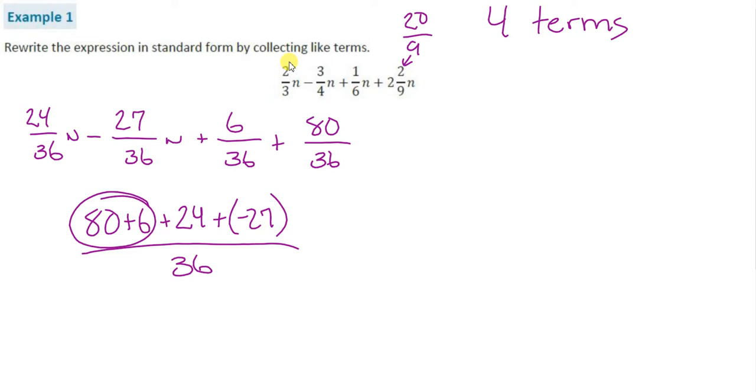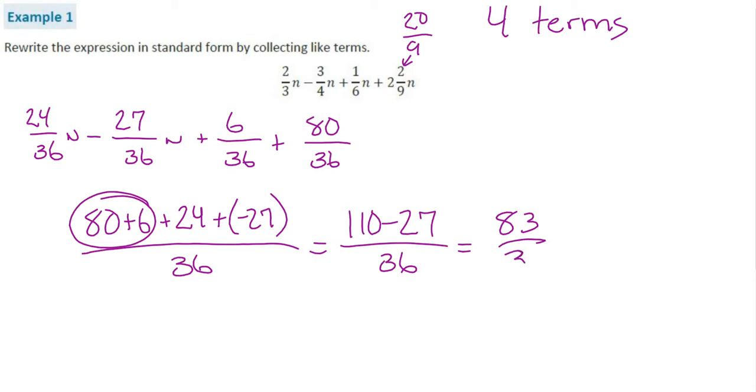That's 30. 30 plus 80 is 110. So now I have 110 minus 27 over 36. 110 minus 27. Let's see. I'm going to go with 83. If I'm wrong, by all means, please correct it amongst yourselves. All right, so we get 83 over 36.